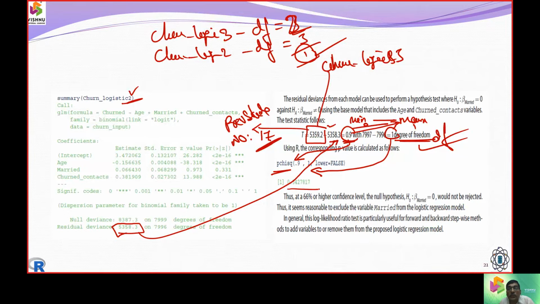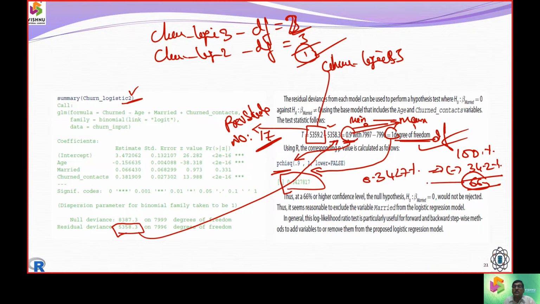So what is the answer we got? We got 0.3427, that is 34.2%, which implies 100% minus 34.2%, around 66%. So with 66%, we can say with high confidence the persons are not going to churn.